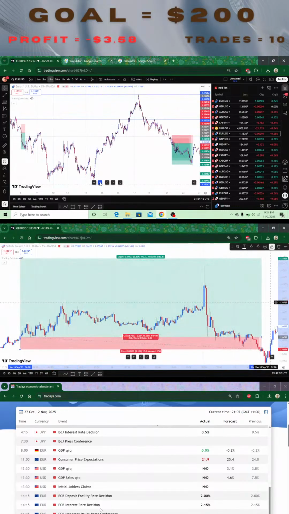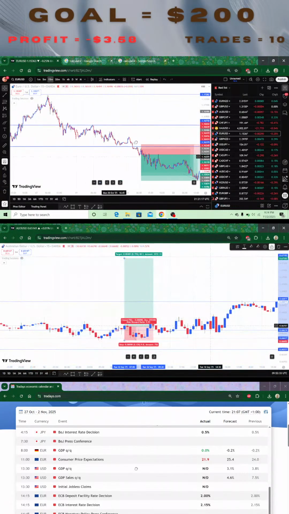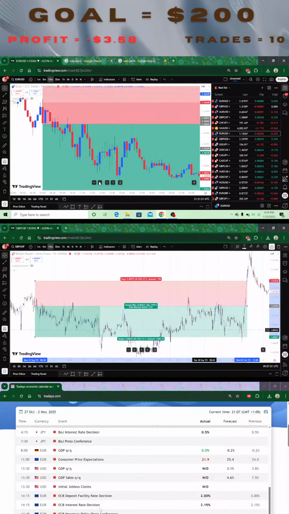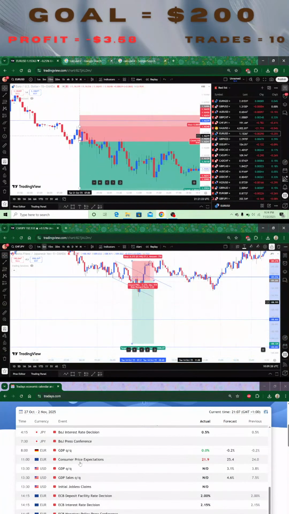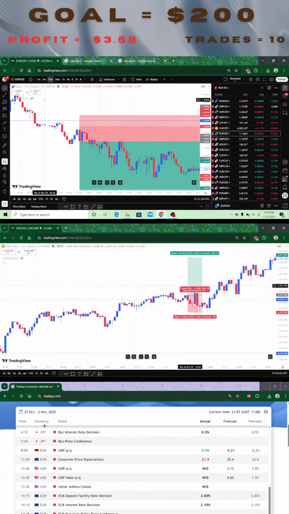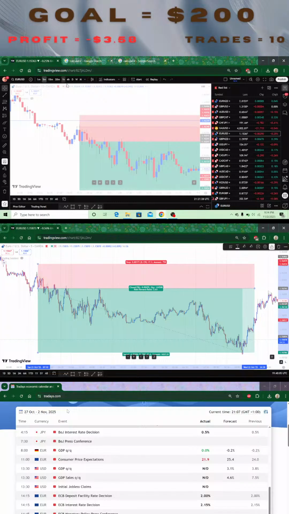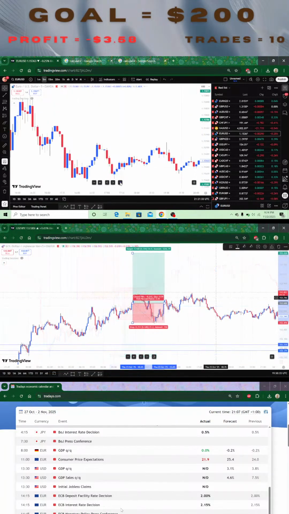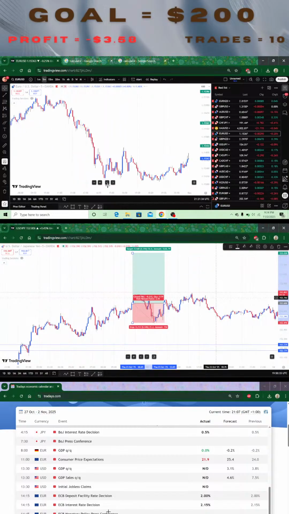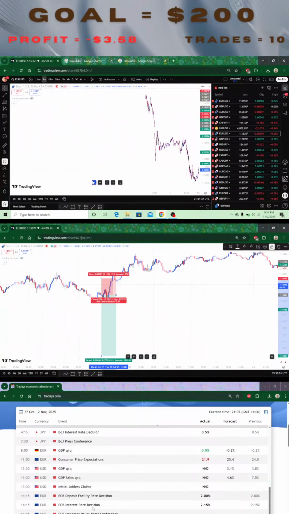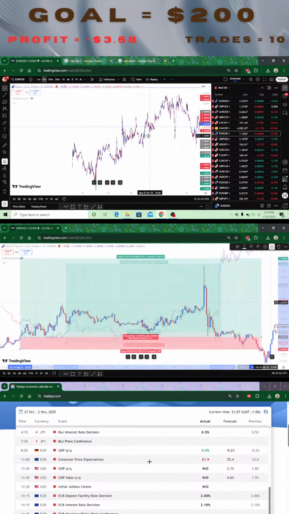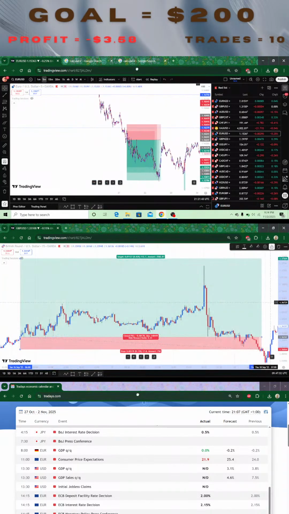Let me just zoom into it. This Euro USD. So now for this, oh goodness, this is the 5 minute chart. Can this thing load? Oh goodness. I want to explain something for you guys.